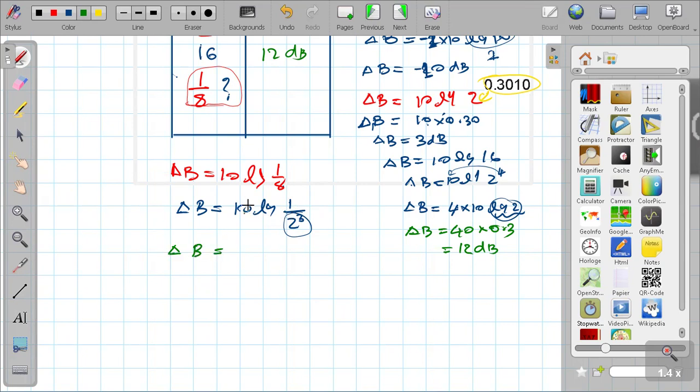I will bring that up. Two to the power minus. The reason is, can you remember this? 1 over x, you write it like x to the power minus 2. When you bring it, minus 1.